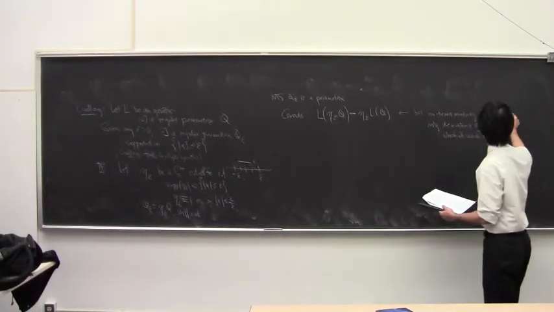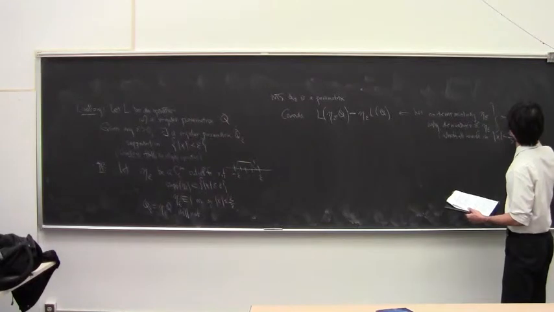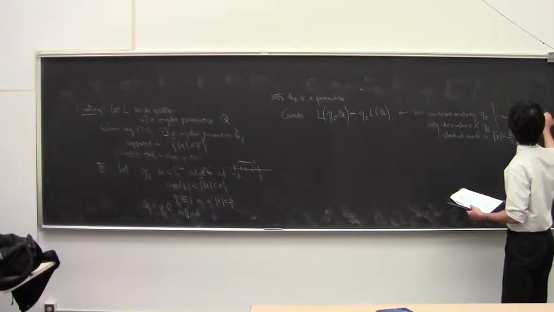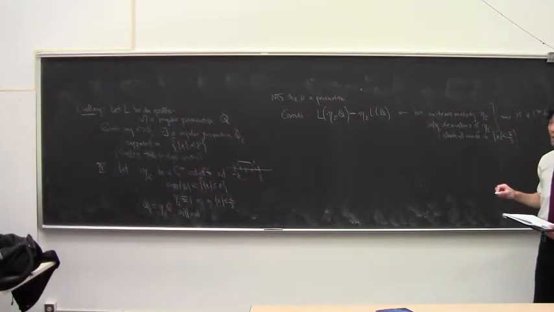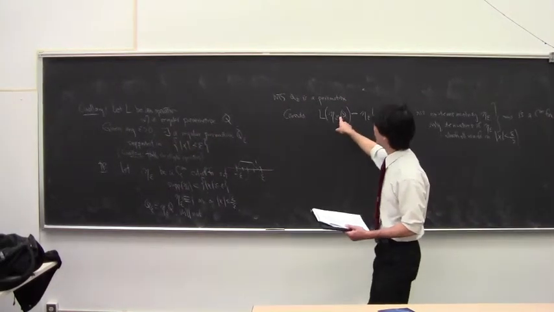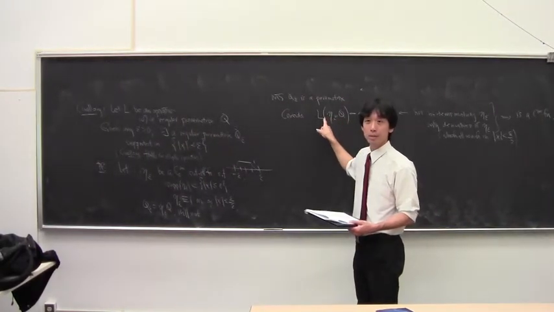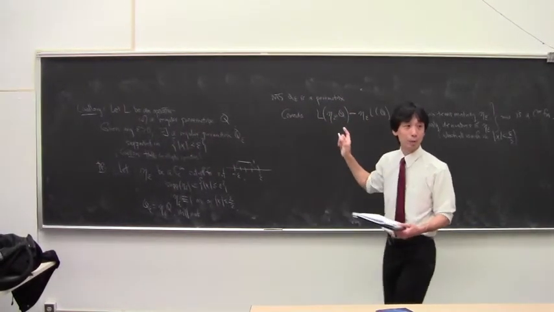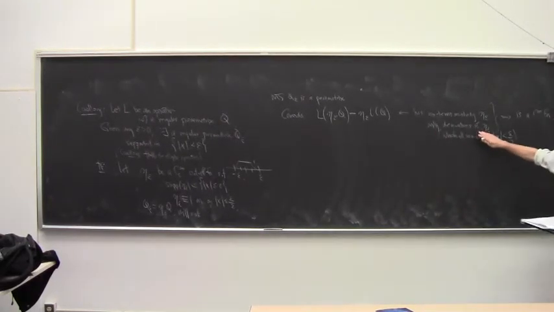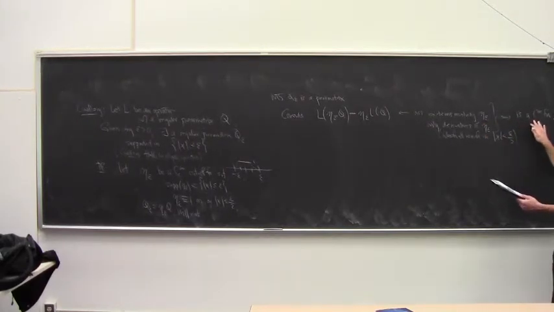So what does that give you? That gives you that this thing is a C infinity function. Remember that Q is a regular parametrix, so it's a C infinity function away from the origin. Subtracting off that term guarantees that we stay epsilon over 2 away from the origin, and so this thing actually is a function.